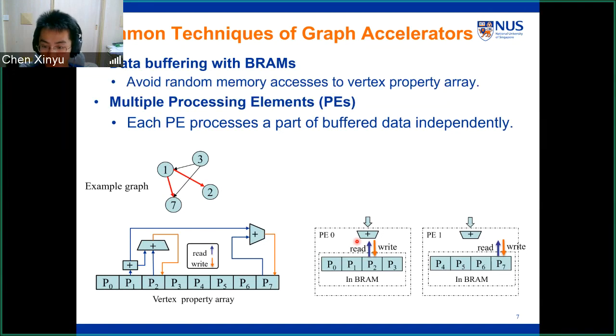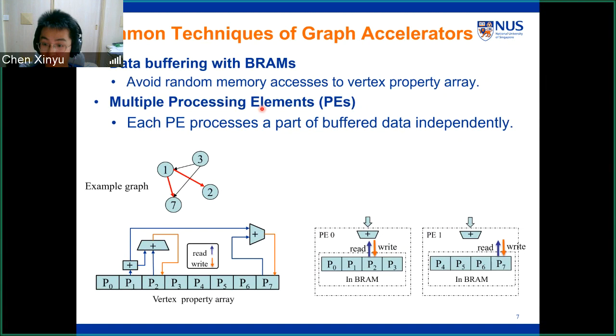But if we buffer this property array in BRAM, then we can enjoy the features of BRAM: low latency and high support for random access. Of course, we need to do graph partitioning on the software side. Another technique is multiple processing elements, such that we can process multiple edges per cycle to increase the overall throughput.